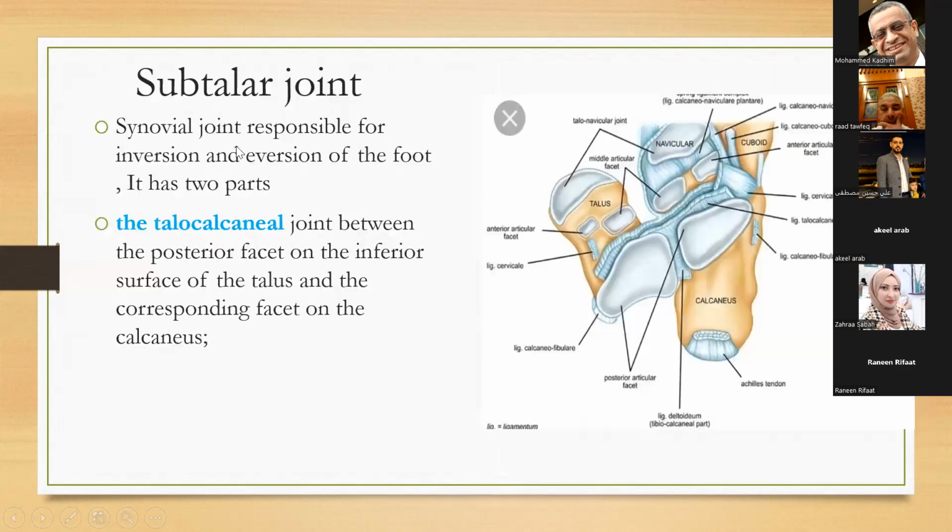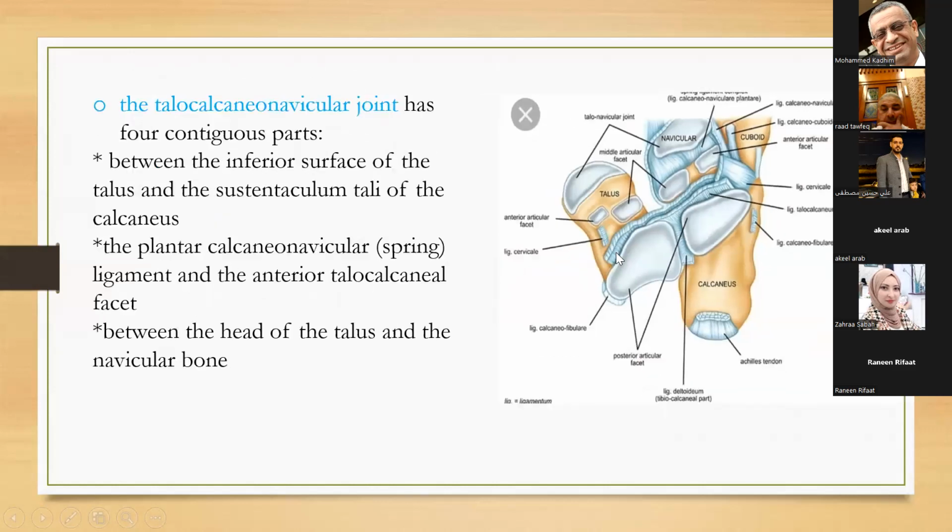The subtalar joint is a synovial joint responsible for inversion and eversion of the foot. It has 2 parts: the talocalcaneal joint between the posterior facet on the inferior surface of the talus and the corresponding facet of the calcaneus.